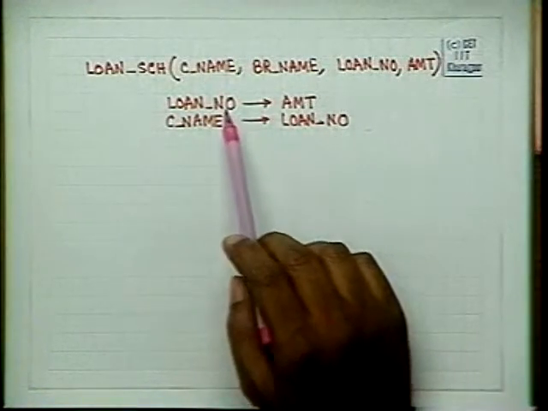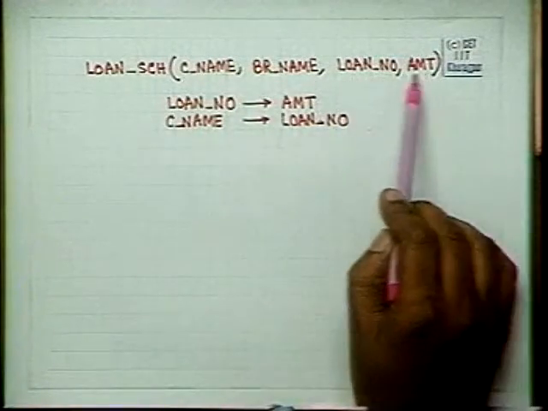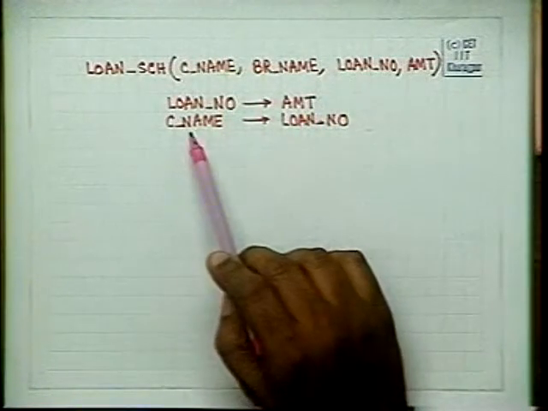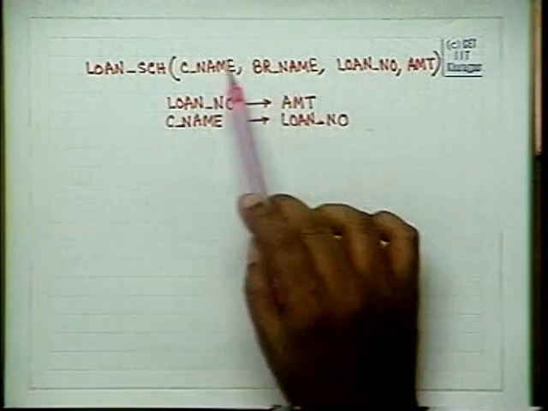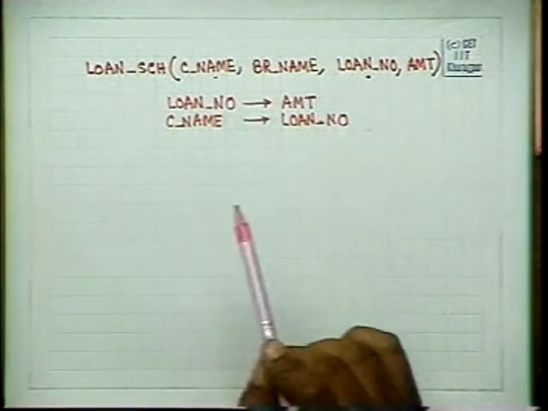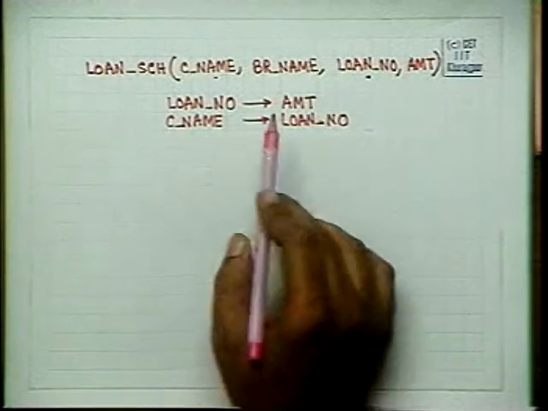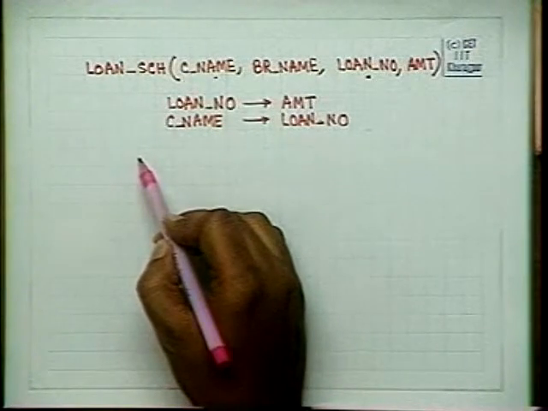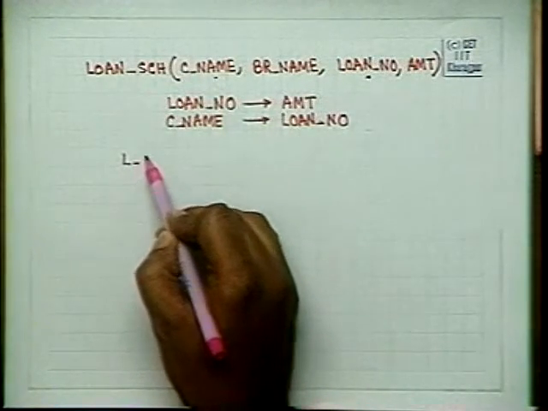Now, here again we have redundancy for this functional dependency and redundancy in the case of this functional dependency. So, we could have broken this up into two schemas, L1 and L2.